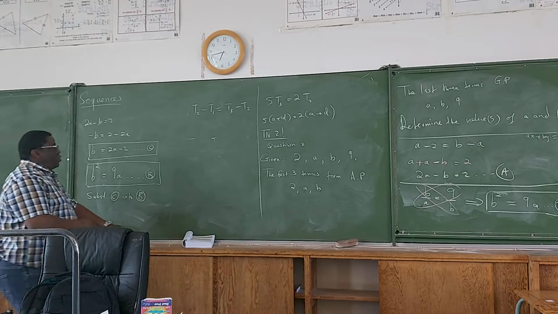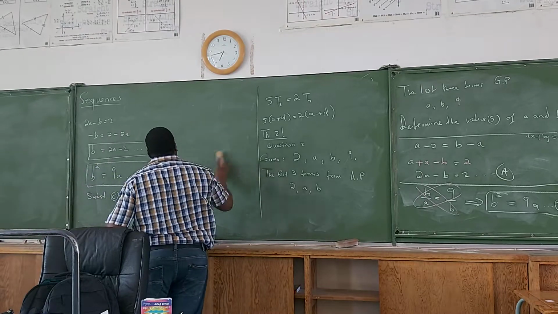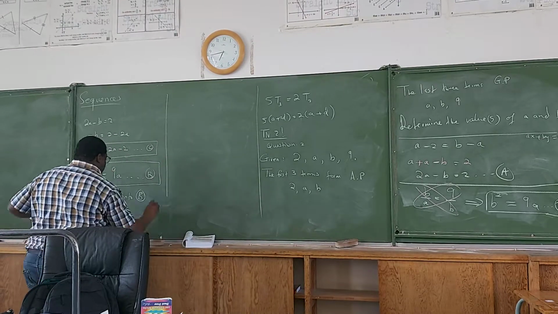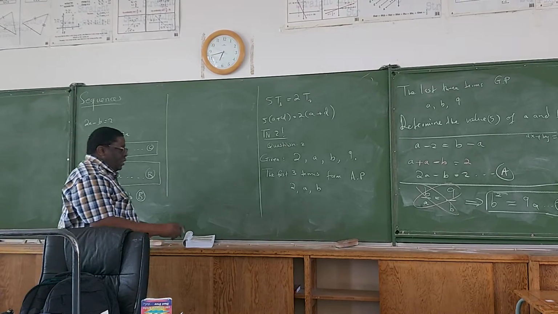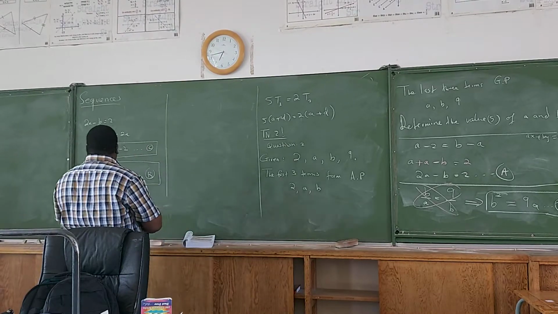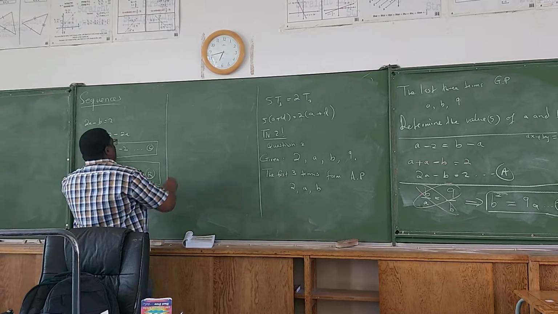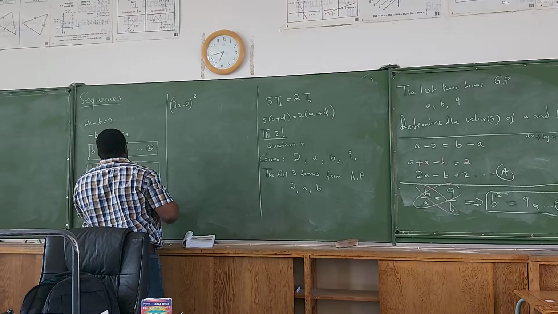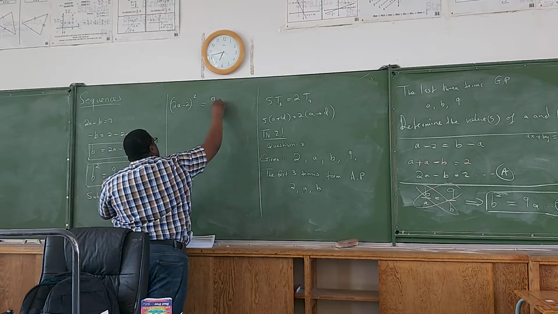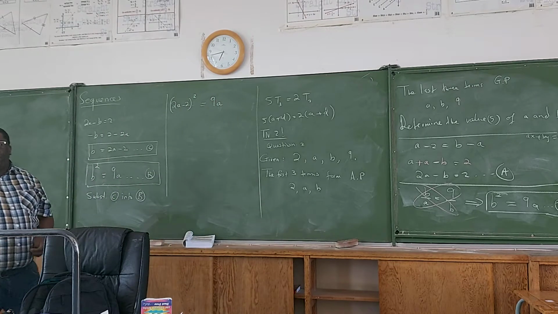That's going to give rise to some quadratic equation. Do you agree? So this is going to be, let's bring in an interesting color, which is green. So 2A minus 2 all squared is equal to 9A. So this is going to allow me to find the value.